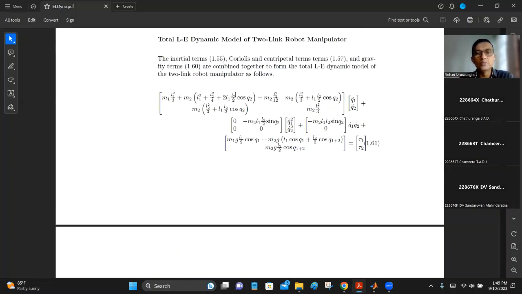You can see the first term times q1 double dot, and this term times q2 double dot, and this term is 0. This term times q2 dot squared, and then minus m2 l2 l1 sin q2 times q1 dot q2 dot, and the first term over here is the gravity term, equal to tau 1.